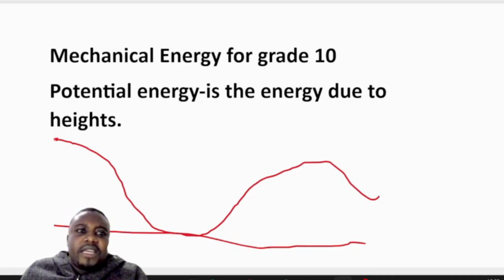If we take this as position 1 or position A, then from the ground to here we have, let's say, 5 meters. So from here to here, we have a height.